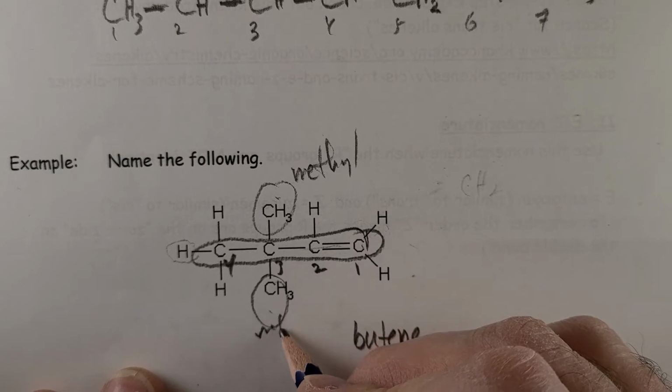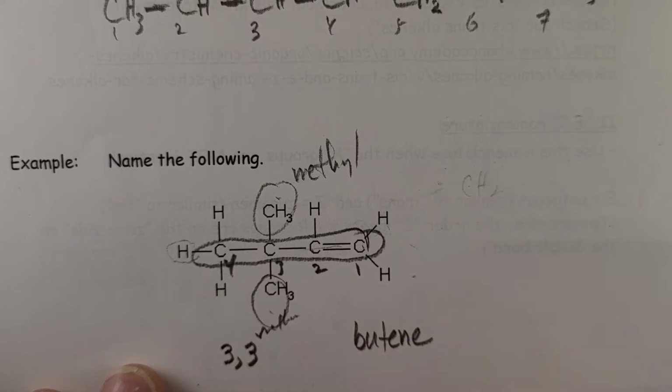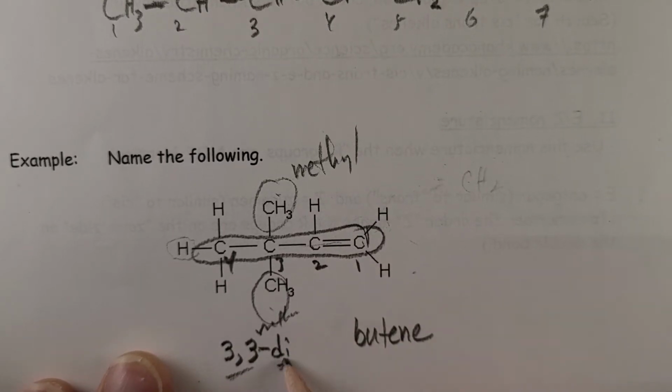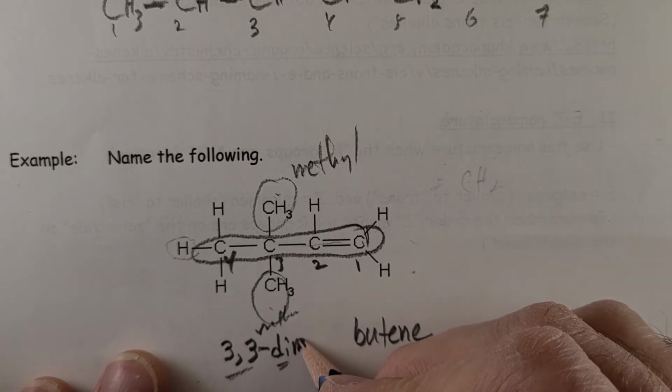Methyl, methyl. So at 3, now I have to say 3 twice because there's 1 at 3 and 1 at 3. So you have to say that twice and then have the di. So these should match. The number of numbers here should match the prefix I use here. So 3, 3, dimethyl.